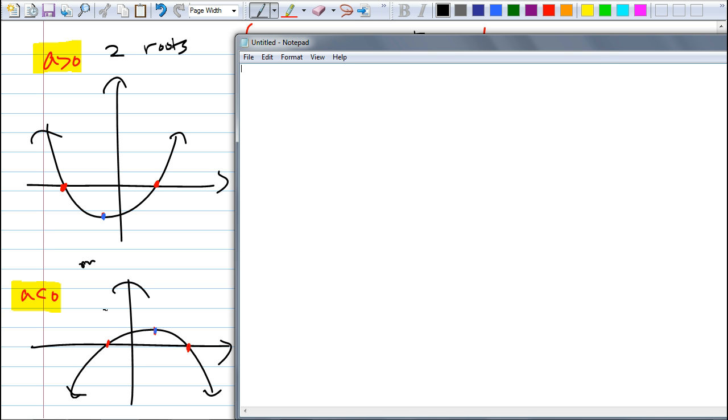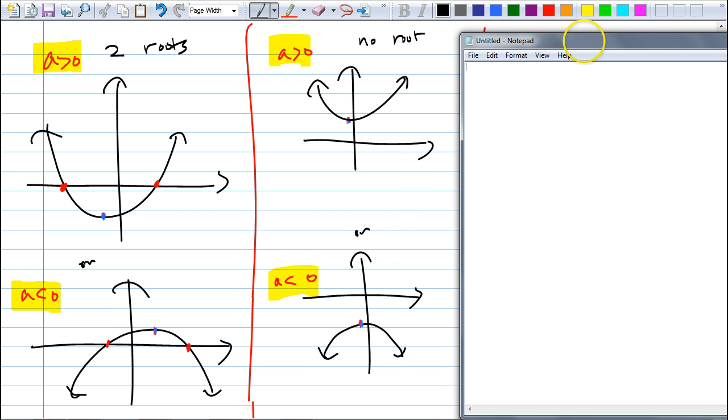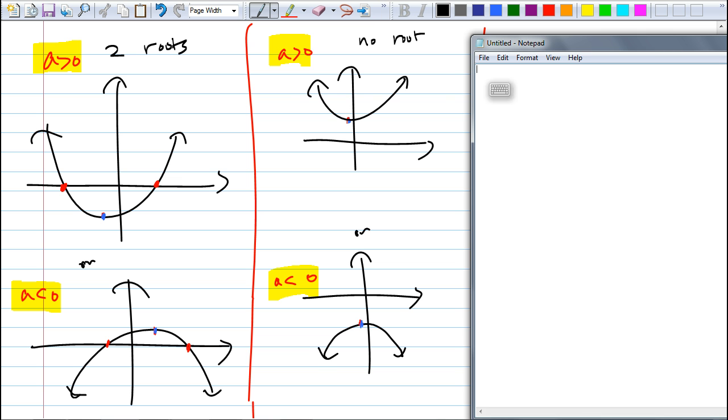When the vertex is above the x-axis and a is positive. Remember, a is the coefficient in front of the x squared. If a is positive, it opens upward, you get the smiley face. If a is negative, what do you get? It opens downward, you get the negative face. So there are two possible ways. Simply, you will get no roots if a is positive and the vertex is above the x-axis.